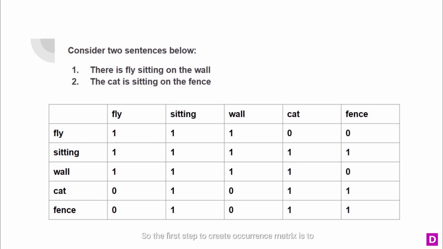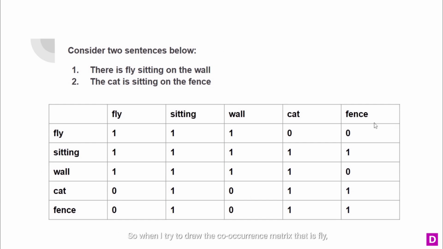So the first step to create the matrix is to get the contexts. Take the first context and remove the stop words. Here the stop words are is, on, the. After removing the stop words, we are left with fly, sitting and wall.